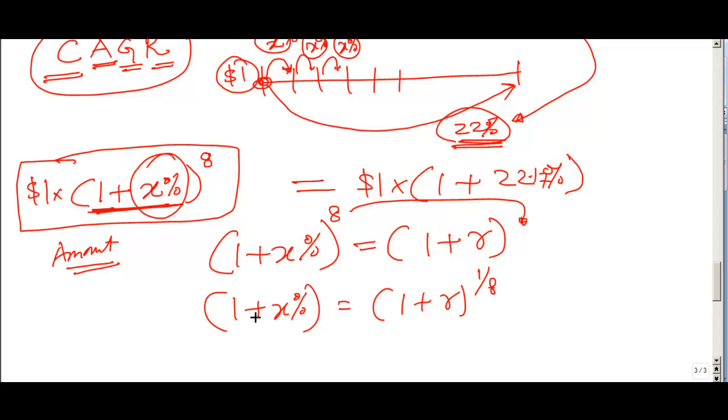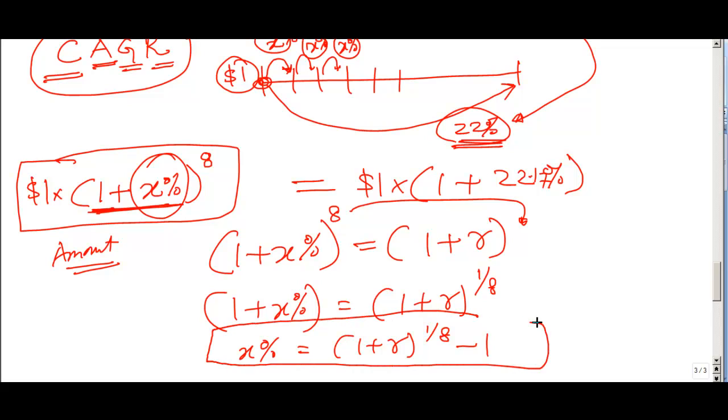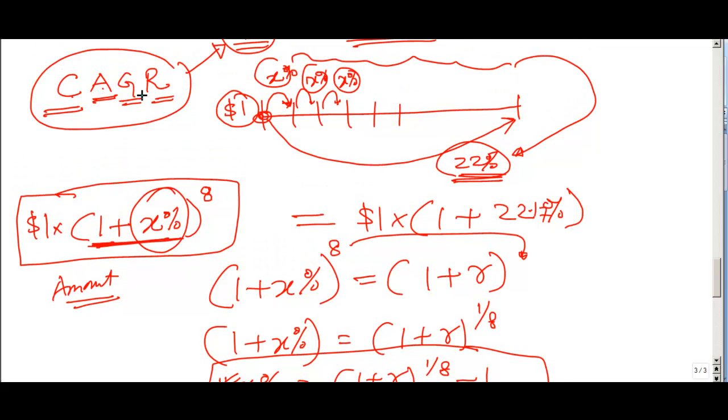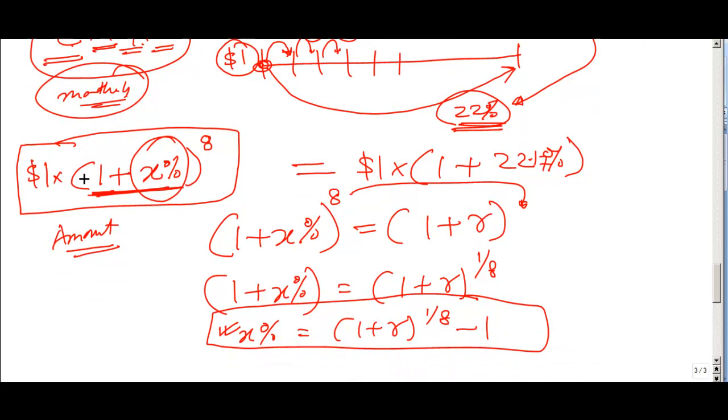Then X% will be equal to 1 plus R to the power 1 by 8, minus 1. So this is the return that would get generated on a monthly basis. So compounded average growth rate, here it is monthly. Most people use CAGR quarterly or yearly, but here we have used the CAGR concept monthly.